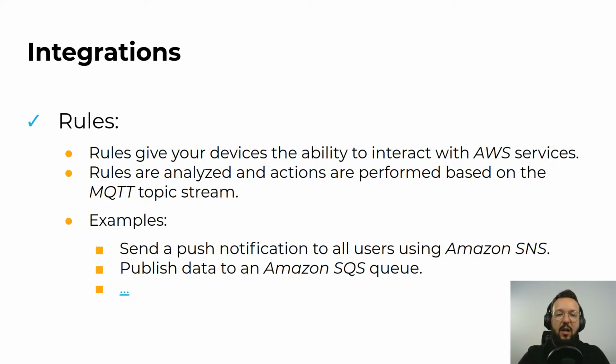And rules are analyzed based on the topic stream of events. So if any message arrives at an MQTT topic, then actions will be performed based on the stream of events that comes to the topic. What kind of integrations do you have? You can send push notifications to all users using Amazon SNS. You can publish data to an Amazon SQS queue, and so on and so on.